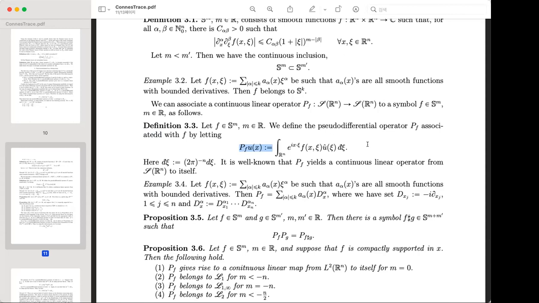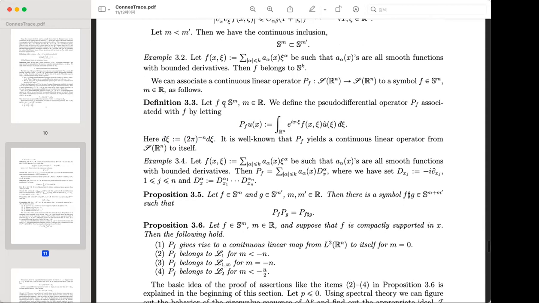Here d bar psi is the normalized Lebesgue measure, the common choice in Fourier analysis for normalization. It can be shown that for any symbol of degree m, P_f is a continuous linear operator from the Schwartz class function space to itself.